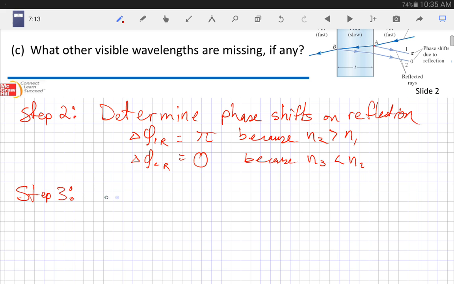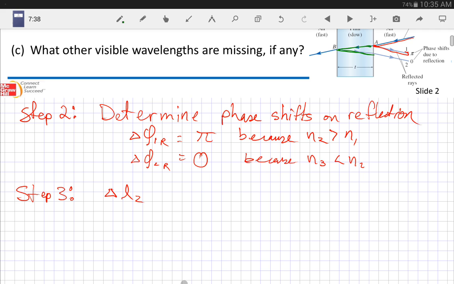So first thing I'm going to do is determine delta L. Delta L for 2, that's the length difference for path 2 compared to path 1. Now path 1 came down here, reflected and came out. So the path length difference is going to be this part here to get back to the first surface.